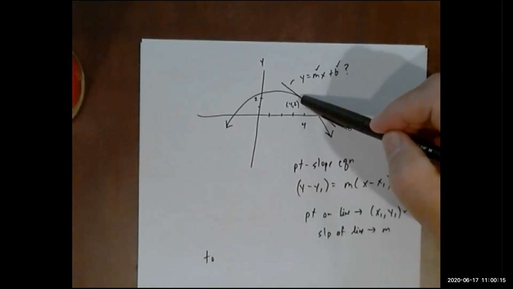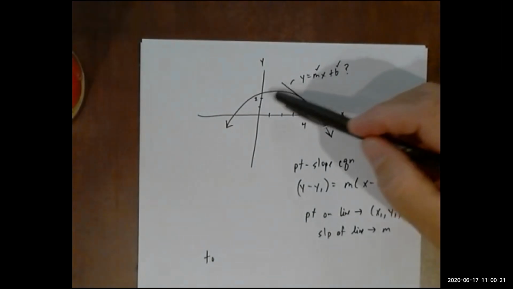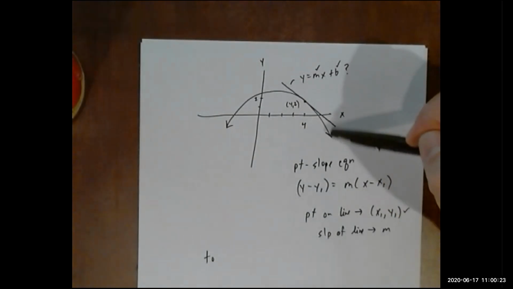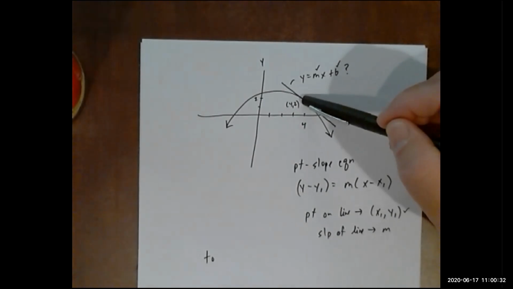And that's the whole idea of what we've been talking about with the first derivative. Knowing the first derivative of our graph, of our curve, of our function is going to allow us to find the slope at this point.